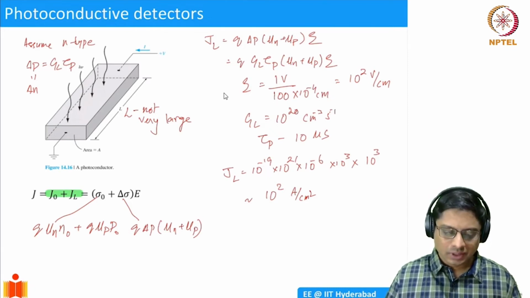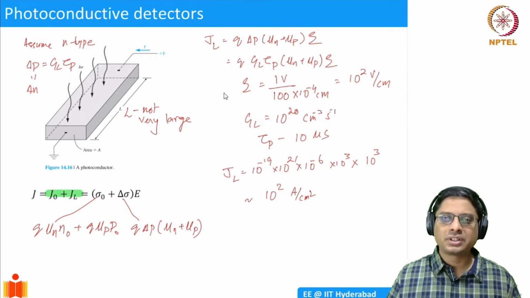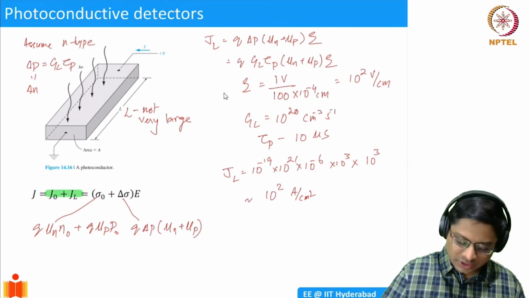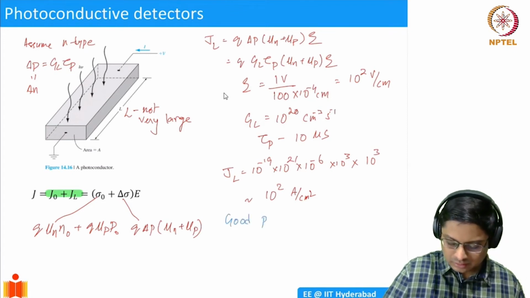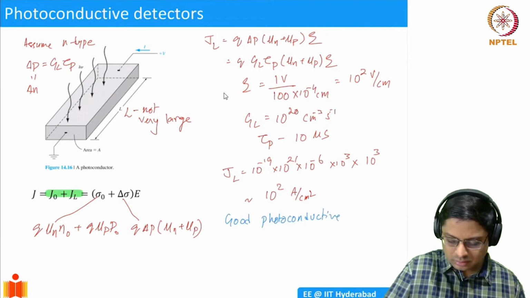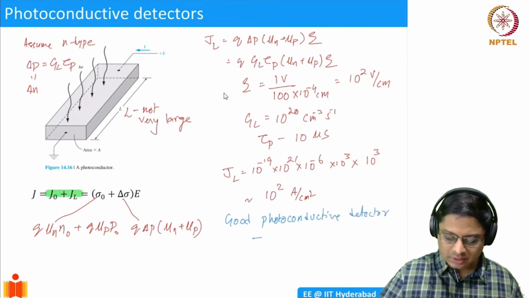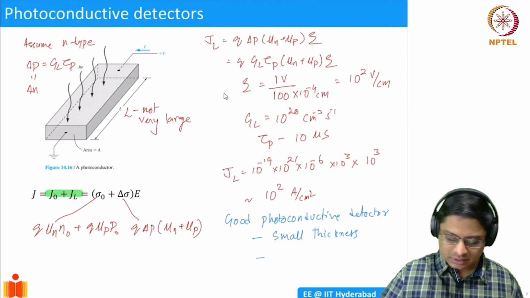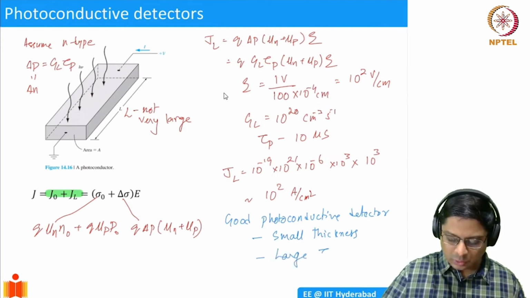All right. So what do we need to make sure that there is a good photoconductive detector? Well, for a good photoconductive detector, you need small thickness. This is one of the requirements, and you need a large tau p.